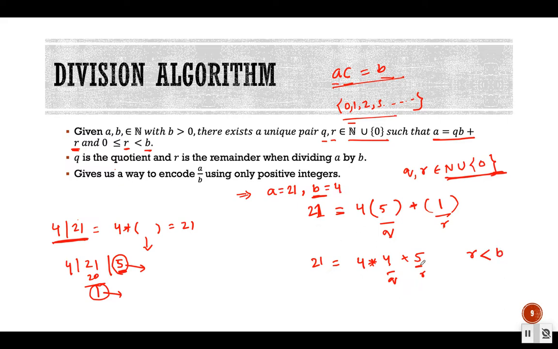Value r can be 0, but it has to be less than 4. Here 5 is greater than 4, so that's not the way we can represent a division algorithm. What we have to do is increase q by 1 and decrease r by 4.